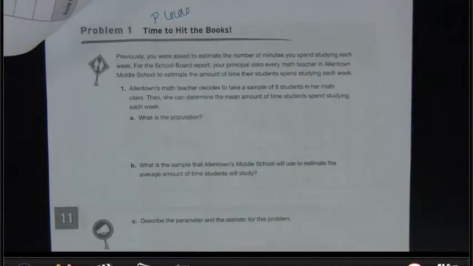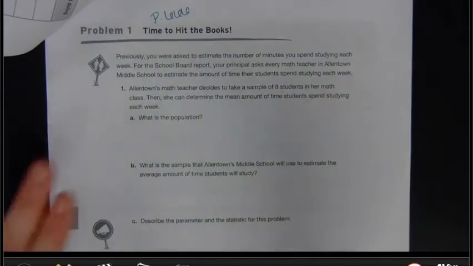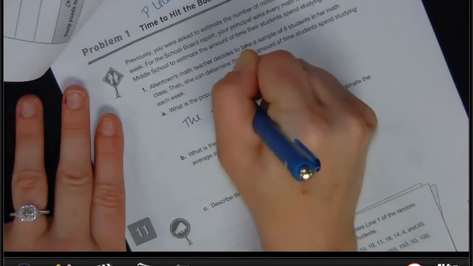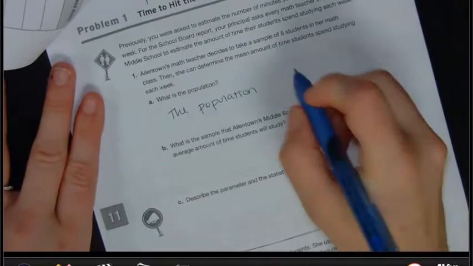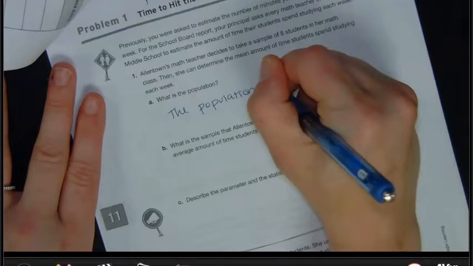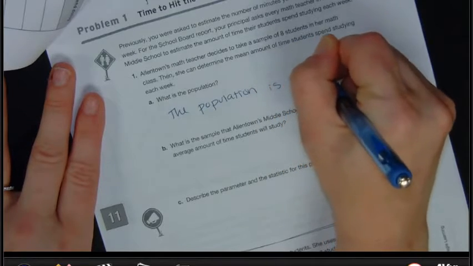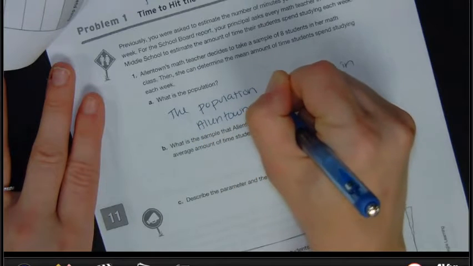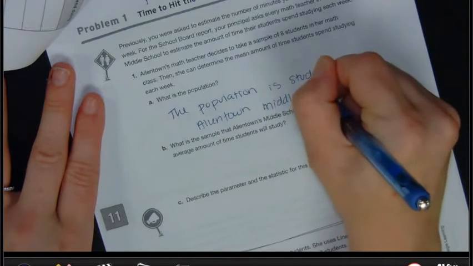What is the population? The population is students in Allentown Middle School.